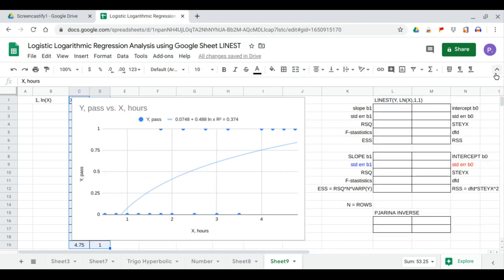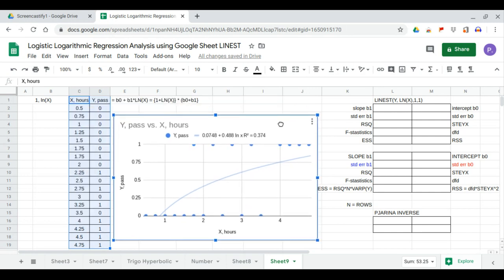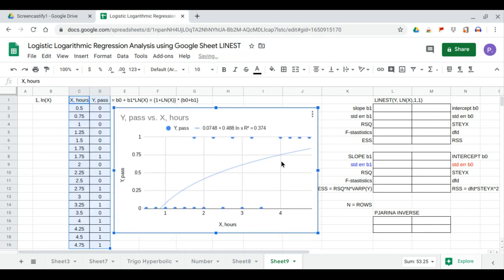So our equation now is in the form of y equals 0.0748 plus 0.488 ln x, and our value of r squared is 0.374.